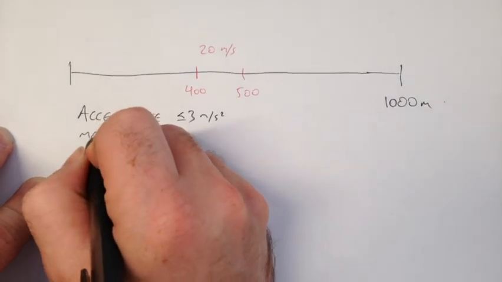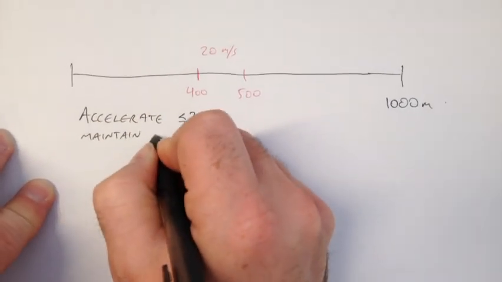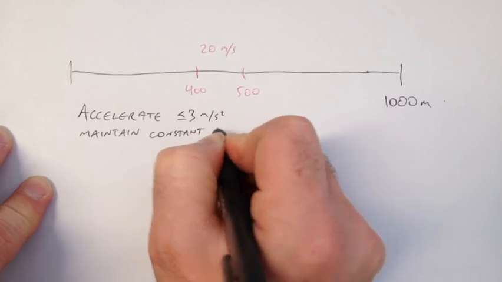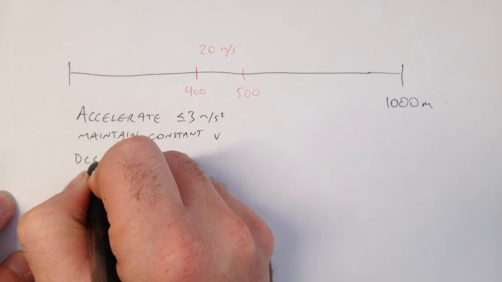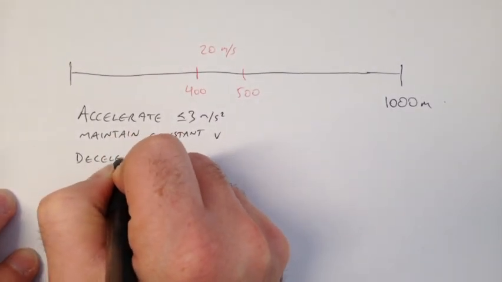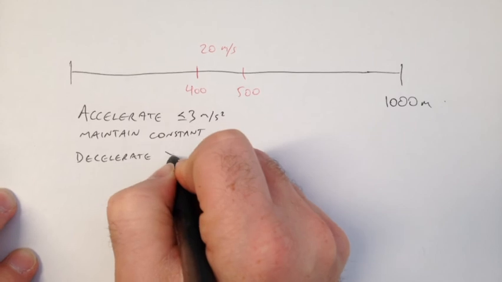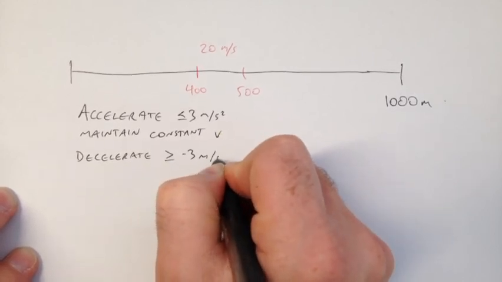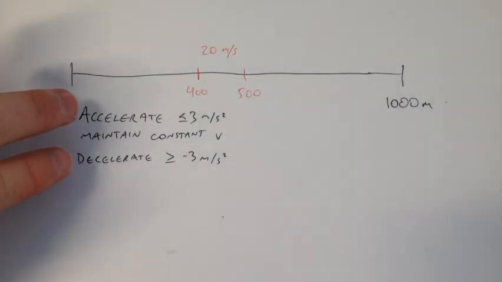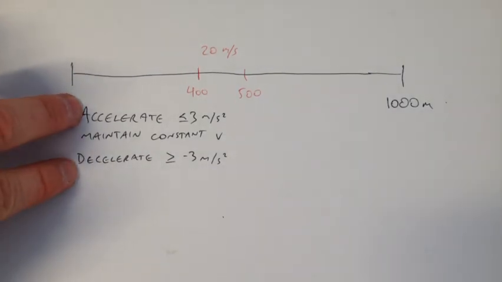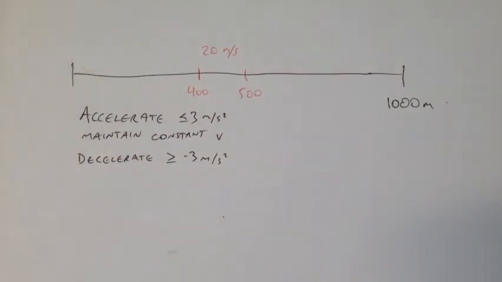You can maintain a constant velocity, and then you can also decelerate. And that would just be the same magnitude of acceleration, just slowing down instead of speeding up. Okay, so you can only change your speed by 3 meters per second squared, either speeding up or slowing down, and if you reach a speed that you like, you can keep it.